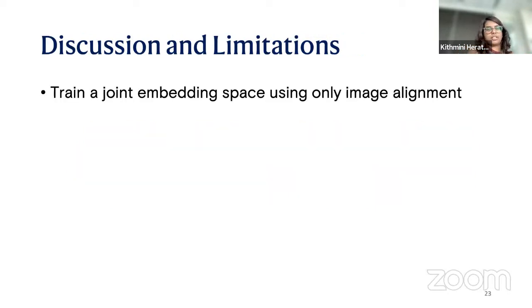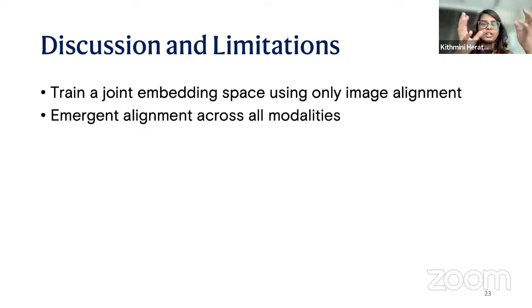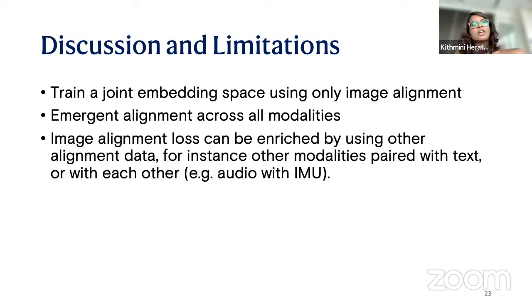Basically, they've been able to train a joint embedding space using only image alignment. And when you use data which pairs with only images, their model is able to have this emergent alignment across all the other different modalities.